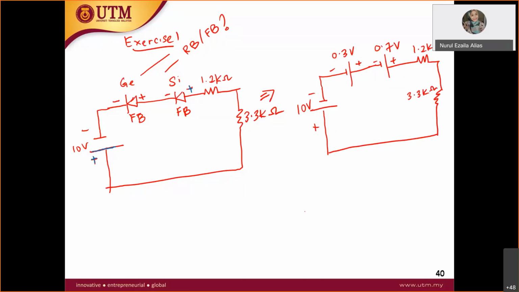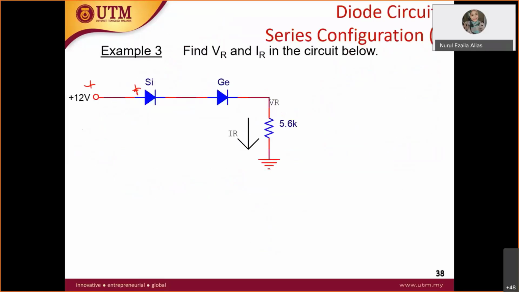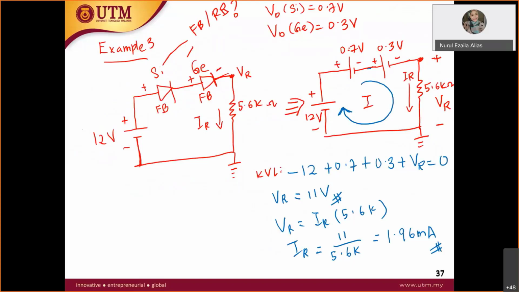All right. Now you have all the voltage drops because all of it is forward biased. So you need to apply KVL right now. Previously, in other examples, with KVL, always remember that current always goes out from the plus voltage.